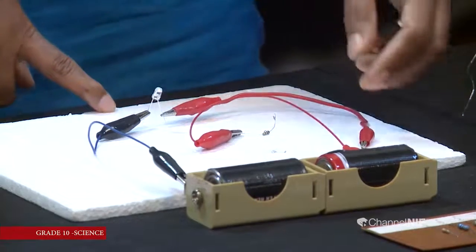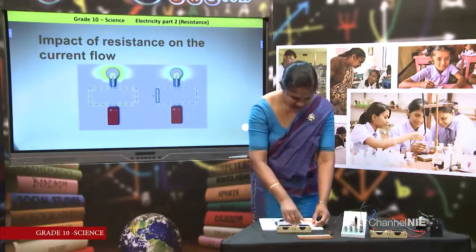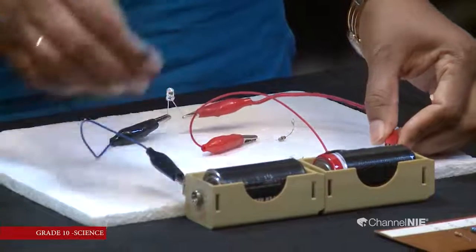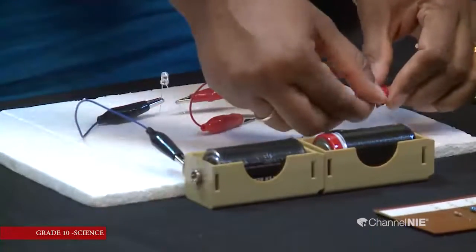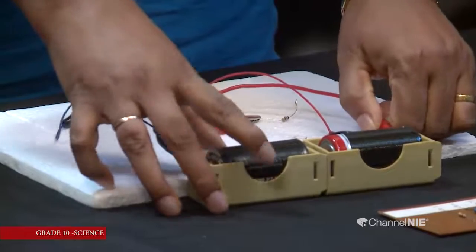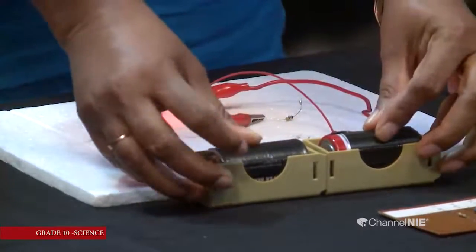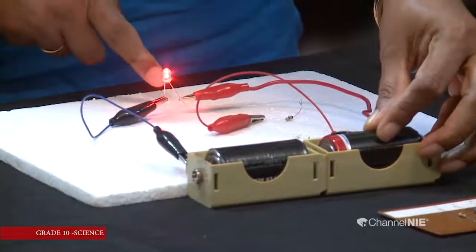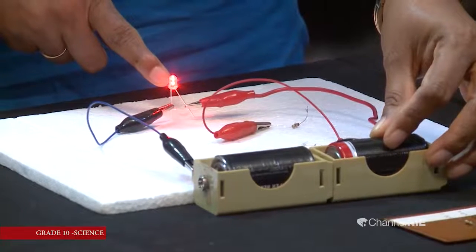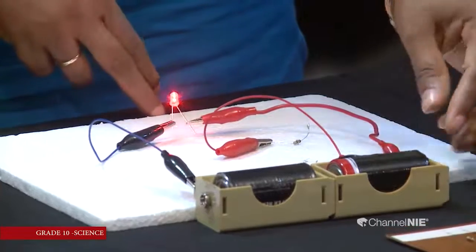Okay, we'll first connect the circuit without a resistor, children. Now, you can look at here what will happen. When I connect, see the brightness of the bulb, children. Please observe this carefully.